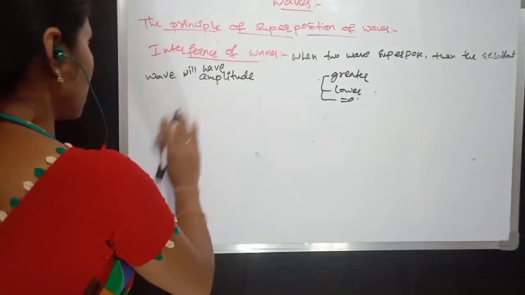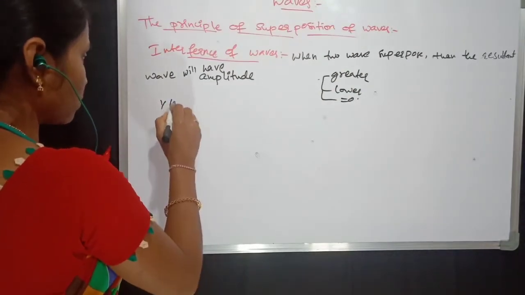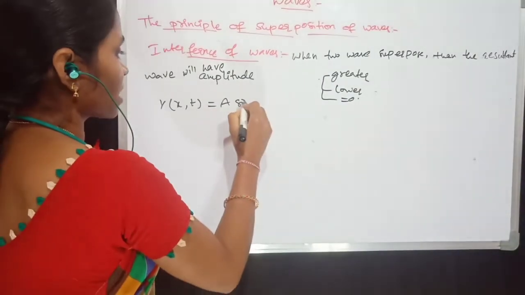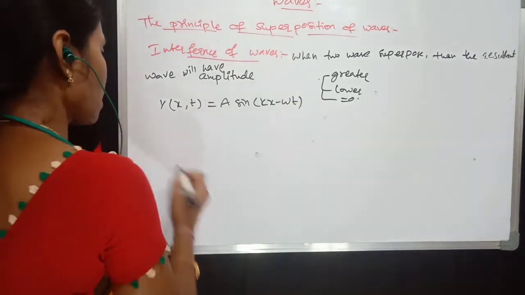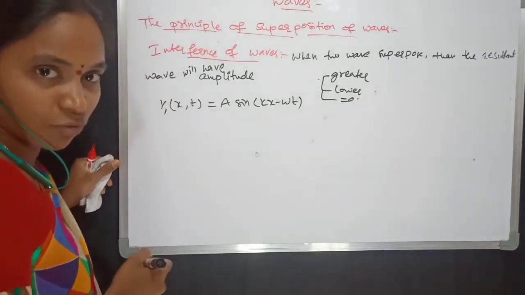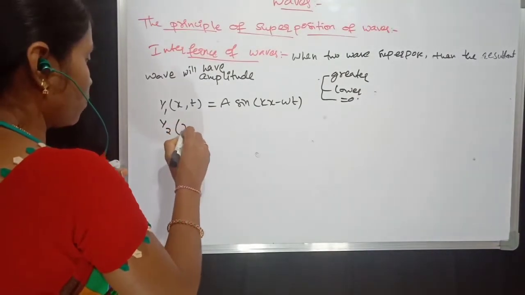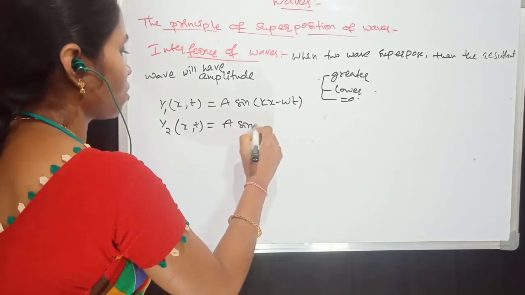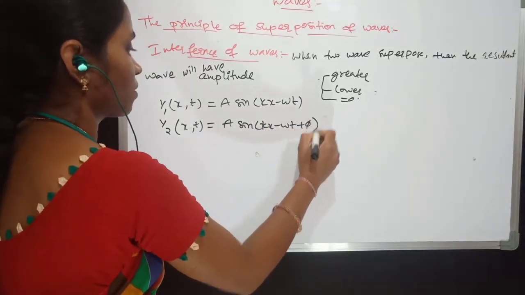Okay, for example, I have two waves whose displacement is a sin of kx minus omega t, and this is the displacement equation for wave 1. For wave 2, the displacement is equal to a sin of kx minus omega t plus phi.